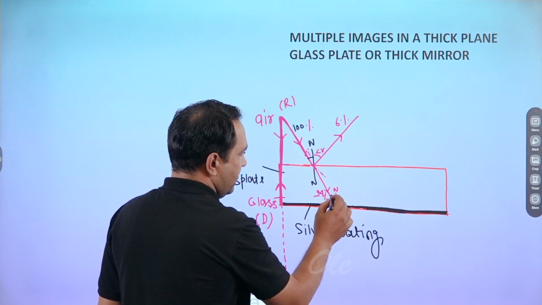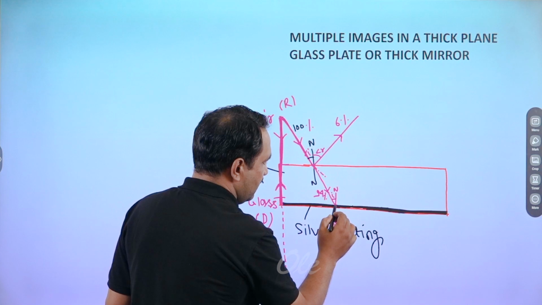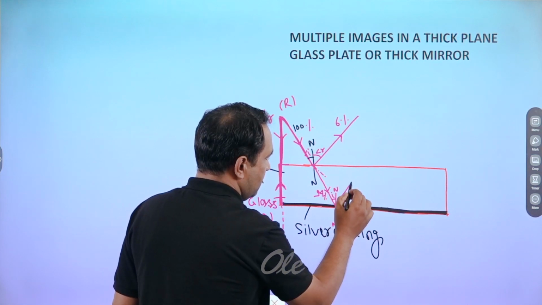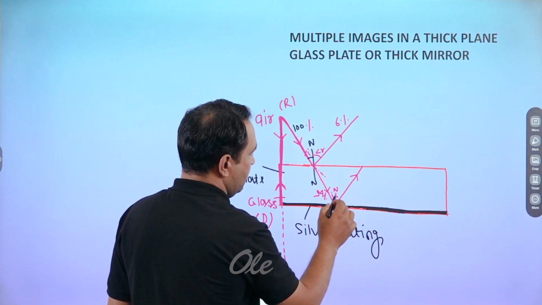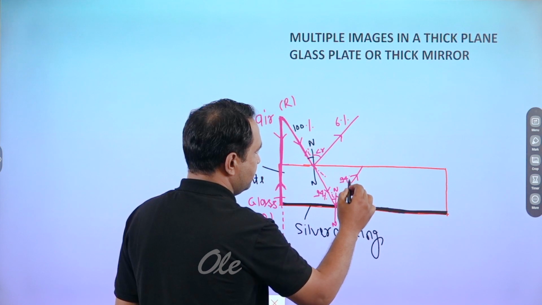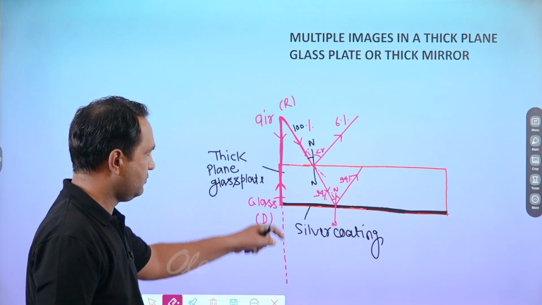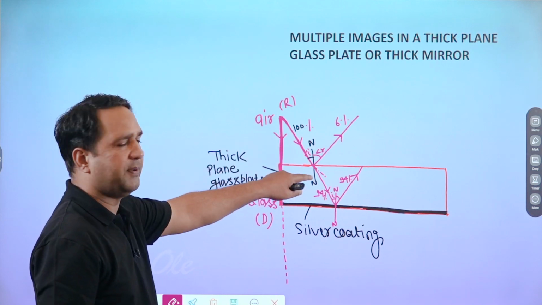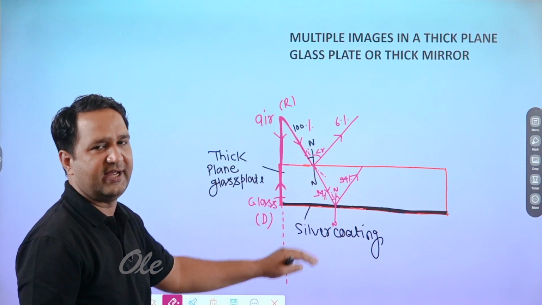This is the normal and this is the angle of incidence. So it will reflect with the same angle. This is the reflected ray, with the same angle, and its intensity will be 94%.